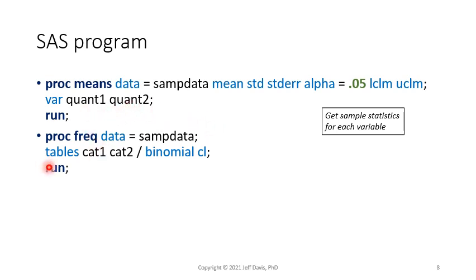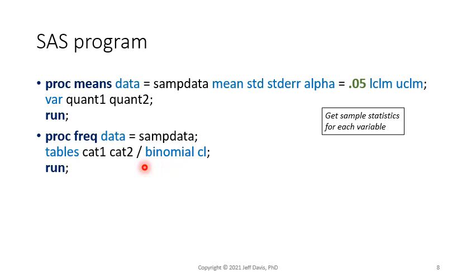Now, for the categorical variables, we have to do something a little bit differently. Again, we're telling SAS to take a look at the sample data and give us the tables for categorical variable 1 and categorical variable 2. But then we want it to give us the confidence limits for each of these variables.